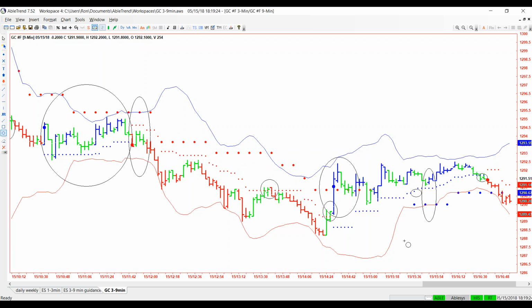Again, the guidance chart kept us out of trading almost 3/4 of the day today, and that's why I purposely like to show Abletrend. That's where you get the value in Abletrend, because I assure you, with anything other than Abletrend, unless you were just dumb lucky, it would have been a triple disaster without a guidance chart today to at least keep us on the sidelines most of the day.